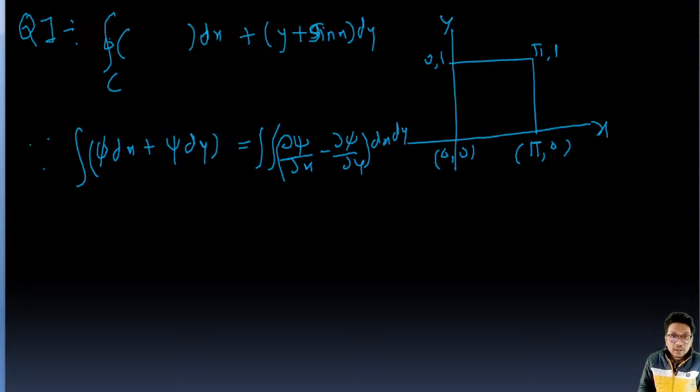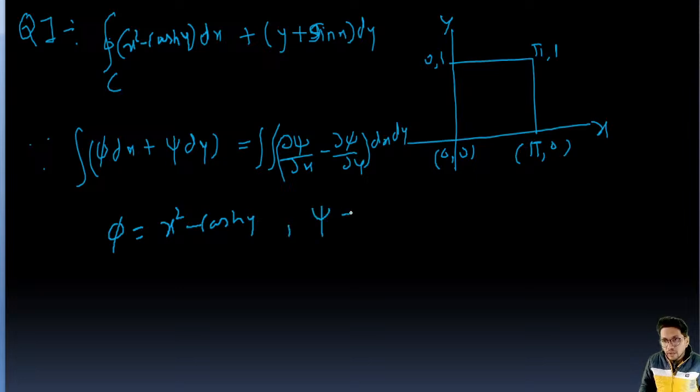This is x square minus cos hyperbolic y. So phi is x square minus cos hyperbolic y, and psi is y plus sin x.